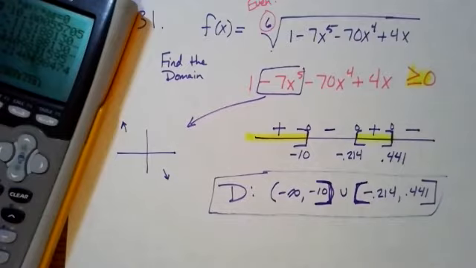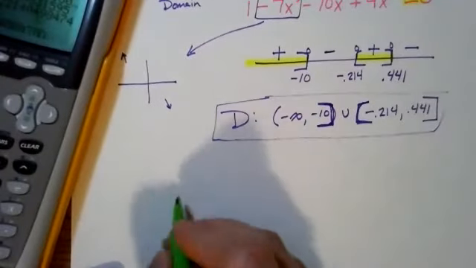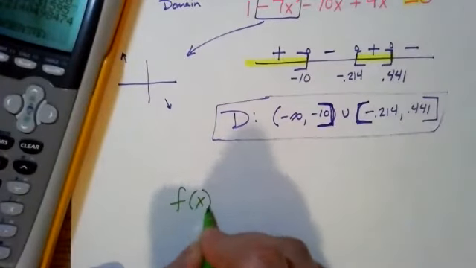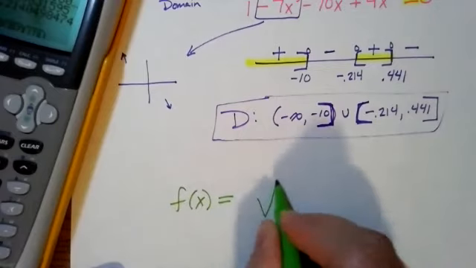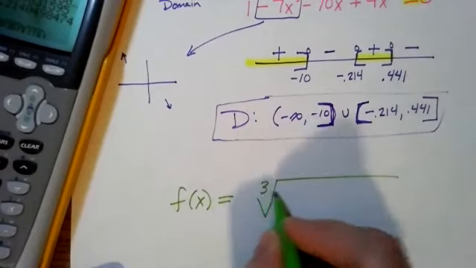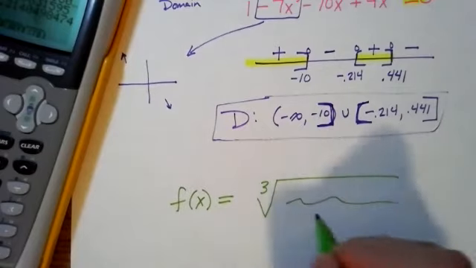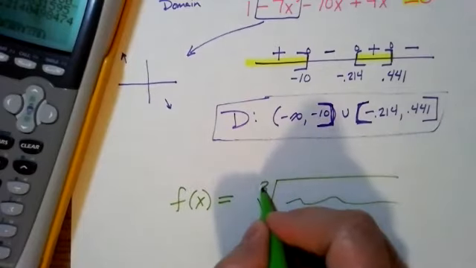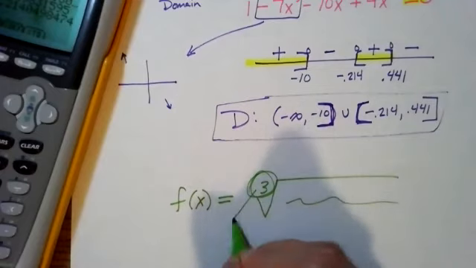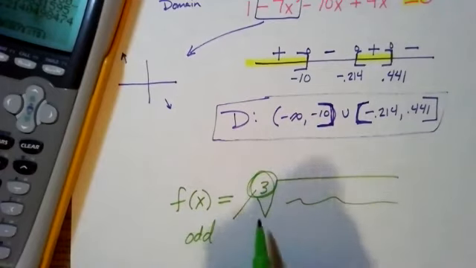And one last reminder, this is a really common error. I get a lot of questions about this. I don't know where on your worksheet it is, but there's a problem in there that's got something like a cube root or a 15th root or something. And it's really hard in there. But the key is right here. If that's odd, then your domain doesn't matter.